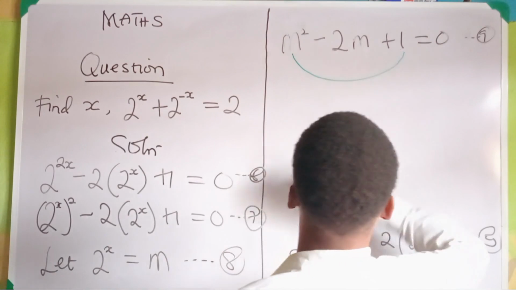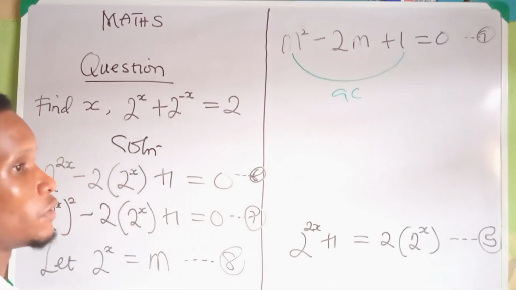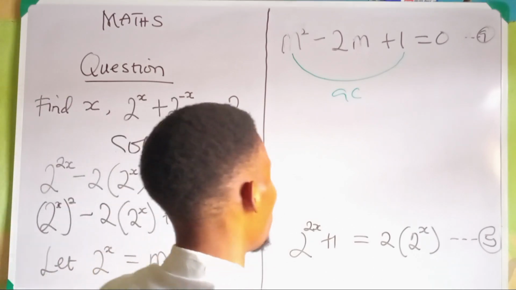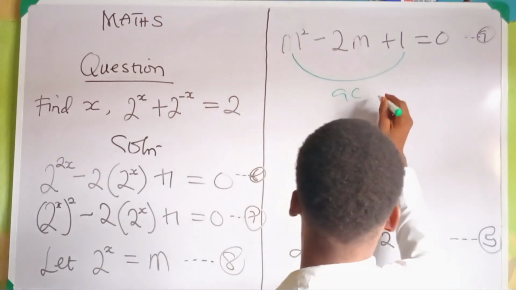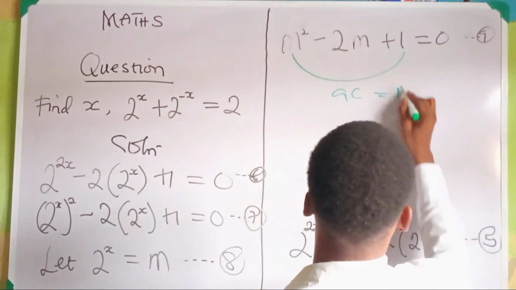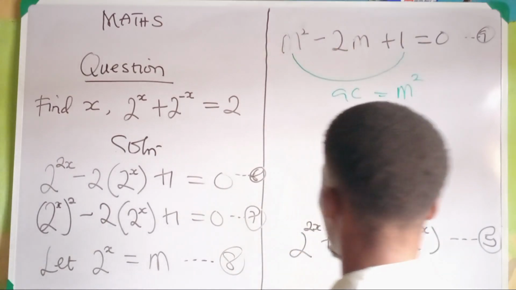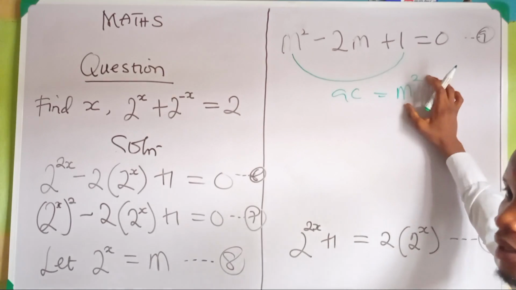find, this is AC. Find two numbers that when you multiply them, is going to give you the product, which is the coefficient here is 1. 1 times 1 is 1. That is m squared. So find two numbers that if you multiply them, is going to give you m squared.